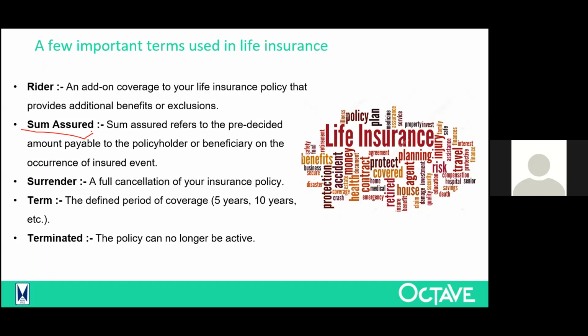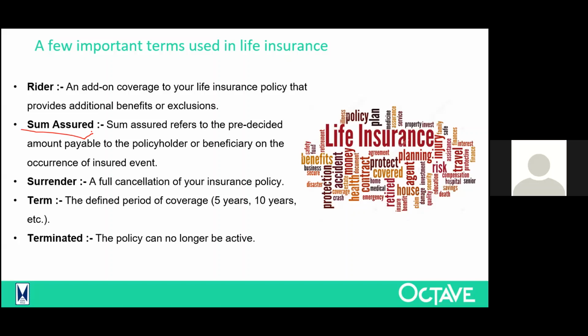So this sum assured, in a nutshell, I will tell you with an example. Let's just say you have a policy, you're paying at a monthly level, and every month you're paying 5,000 rupees. Based on that, and let's just say you want the coverage of your insurance to be 10 years. Based on your coverage, your premium and certain other factors, the company will say, for those 10 years, this is the sum assured we are going to give.